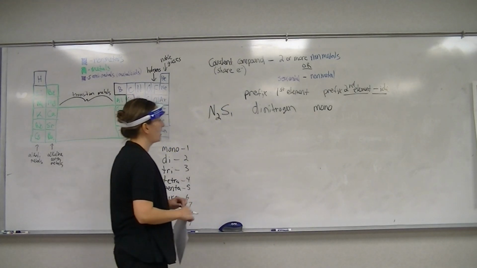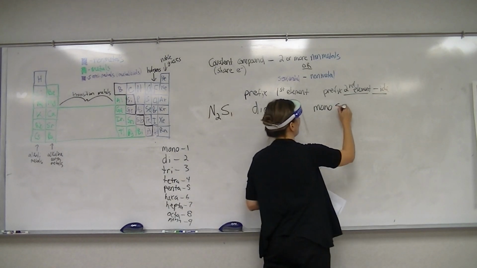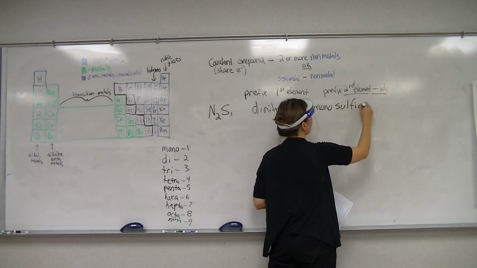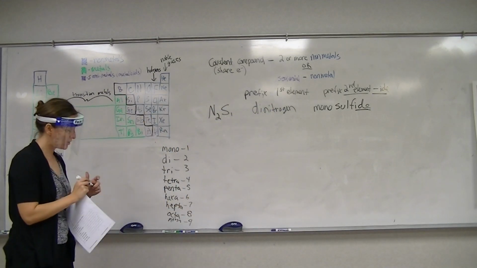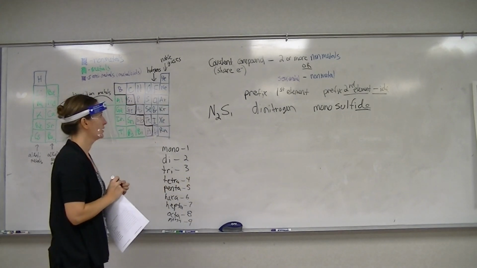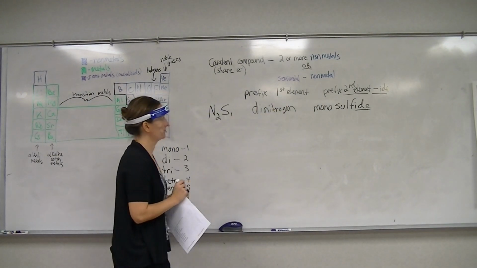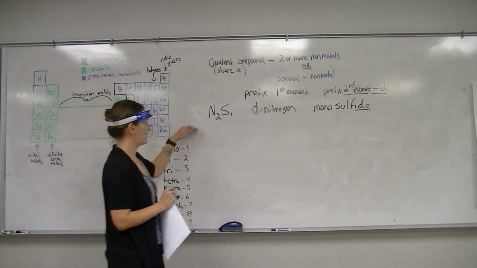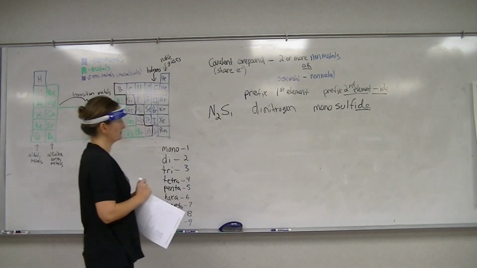So I'm not going to write sulfur. Instead, I'm going to write sulfide, that IDE ending. You only put the IDE ending on the second element present in the chemical formula. The first element present gets just the prefix and the element name. So this is the correct name for that compound, dinitrogen monosulfide.